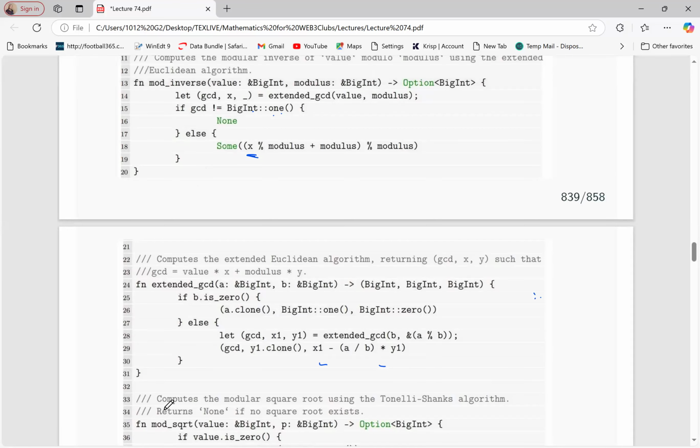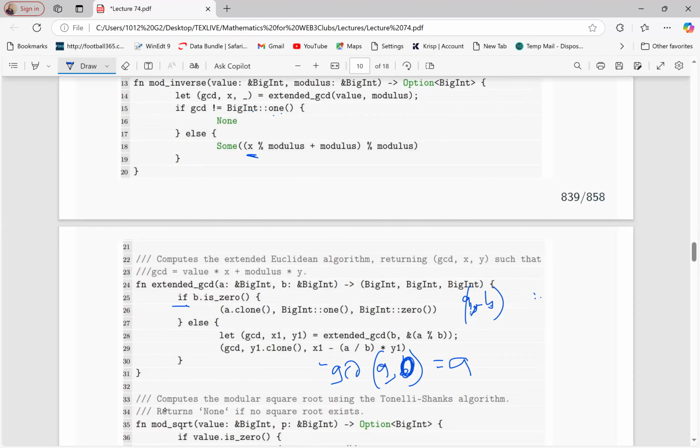Now, the code begins by saying that if I have A and B, and I want to get the GCD of these two numbers, if B is 0, then the GCD of this is just A. That's what it's saying here.